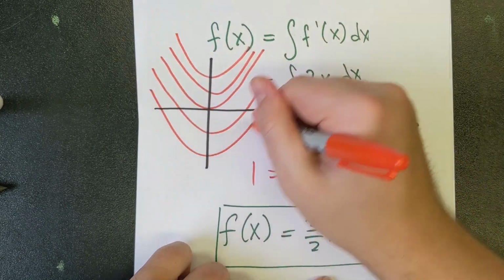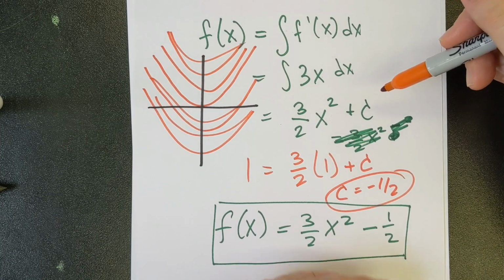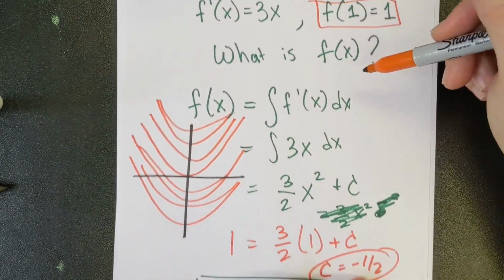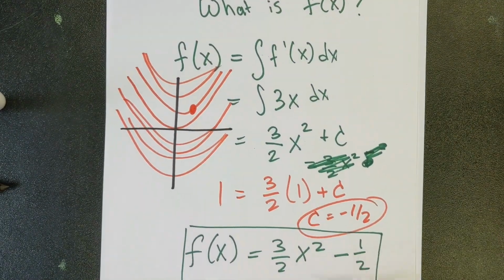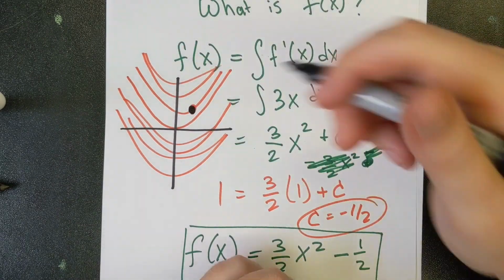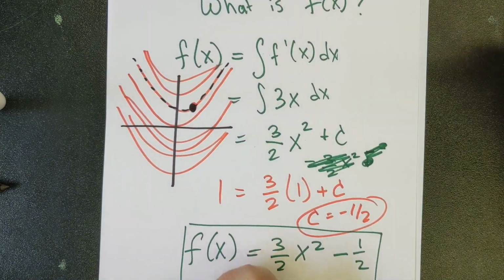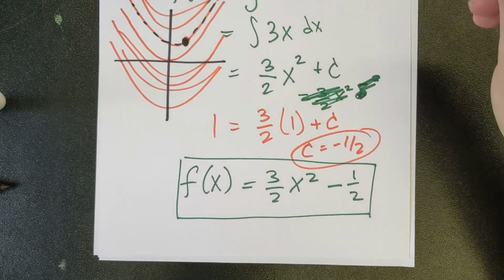You have infinitely many possibilities for what f of x are, depending on what your constant is. And so what this thing here does, your f of 1 equals 1, is it says, oh, let's limit attention to the one that passes through that point. And once you specify this point right here, there's going to be a unique one of these solutions that passes through that point. And we're just figuring out the equation of that, what it is.